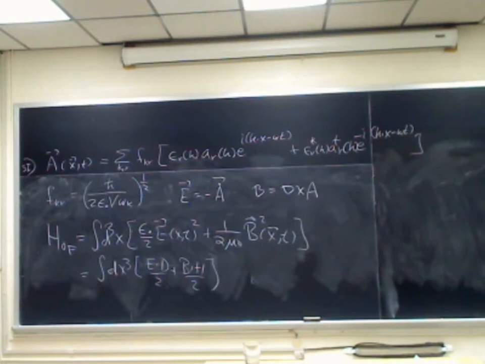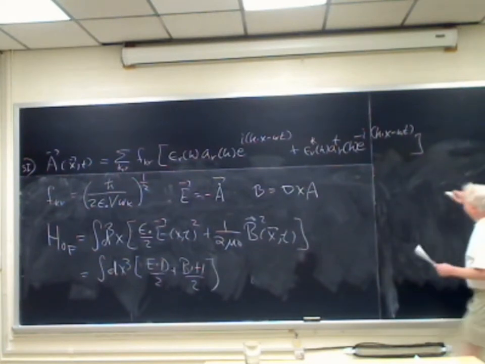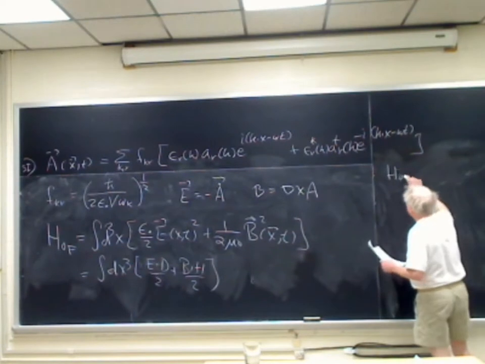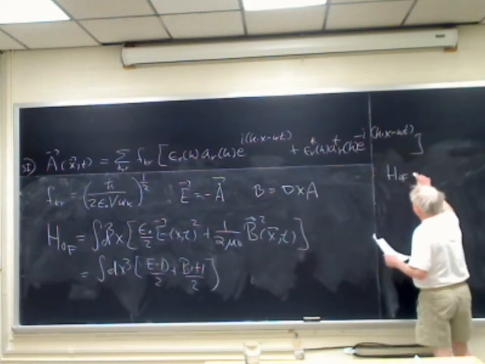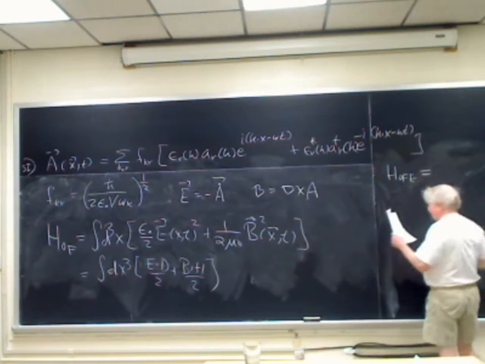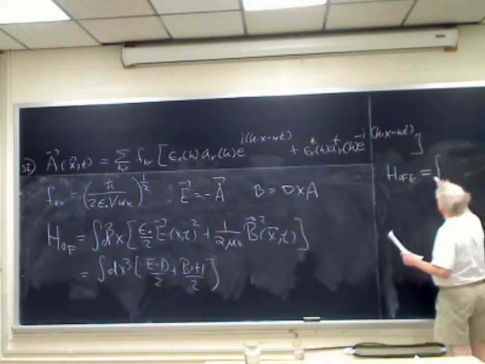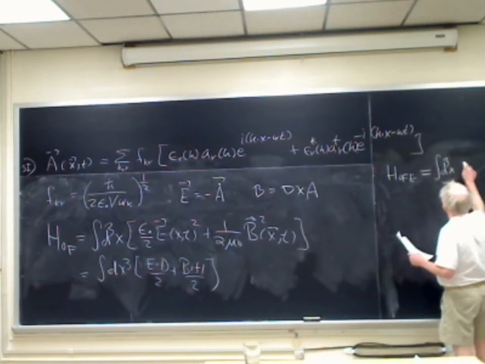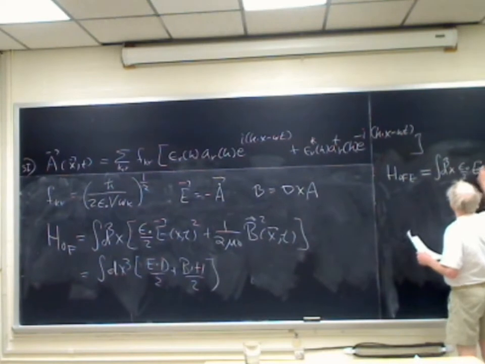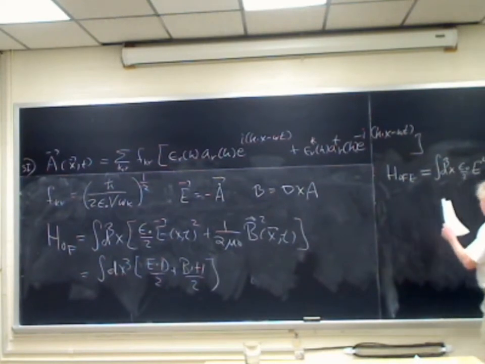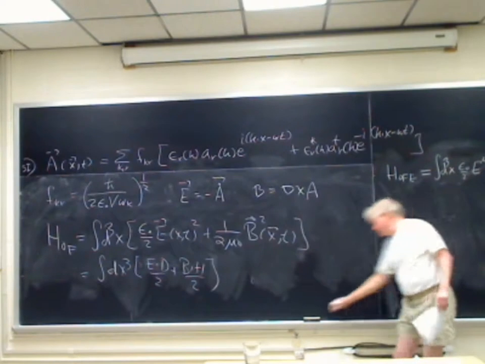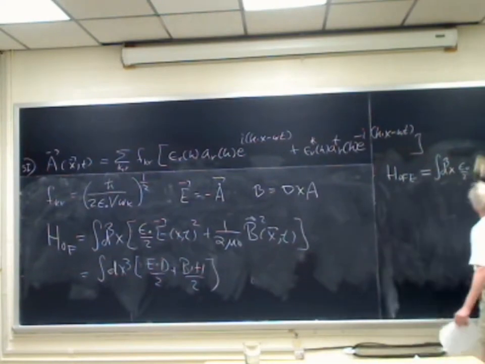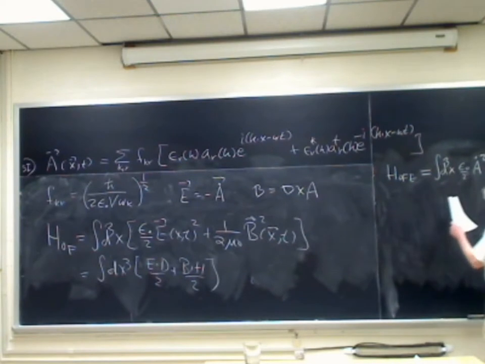And what you want is to have the complicated things cancel. So the electric part of the Hamiltonian, which is the integral d cubed x of epsilon 0 over 2 E squared, or since we substitute A dot for E, that's A dot squared.